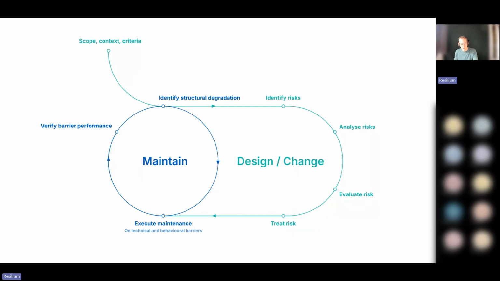If not, you just continue in your little loop, executing maintenance, verifying barrier performance, and checking for structural degradation. If there is structural degradation to your process, then you want to make a change. Then you go into this longer loop of actually changing your process, and you need to do another risk assessment, figure out if that's okay, and then work out how you're going to manage all those risks.